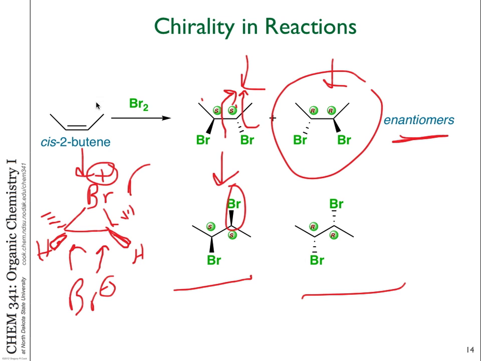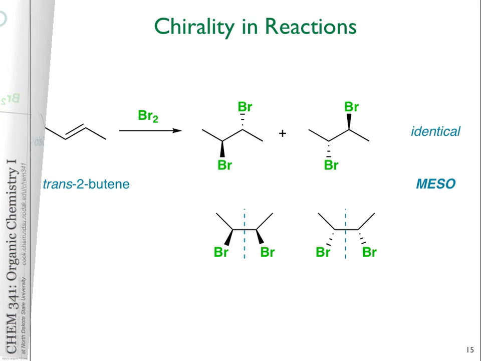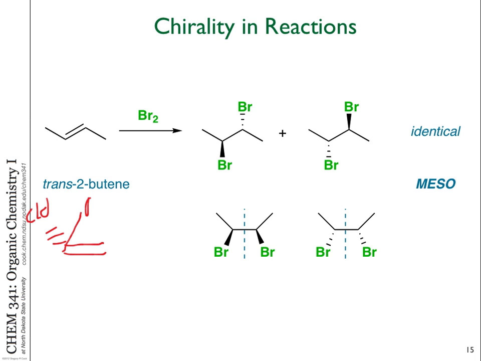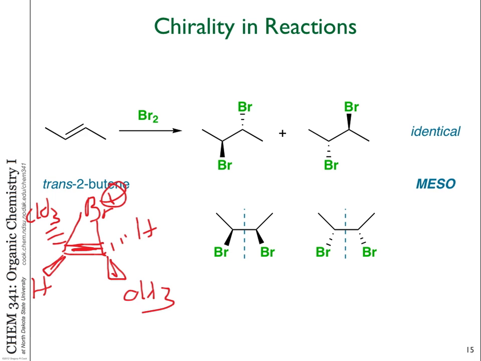The trans isomer will give the same compounds, but initially it's drawn a different way. Initially, that double bond would have the CH3 going back, the bromonium ion, and the CH3 coming towards us. Sorry, my writing's terrible. We still see a different bromonium intermediate now because the CH3 group is in a different place.